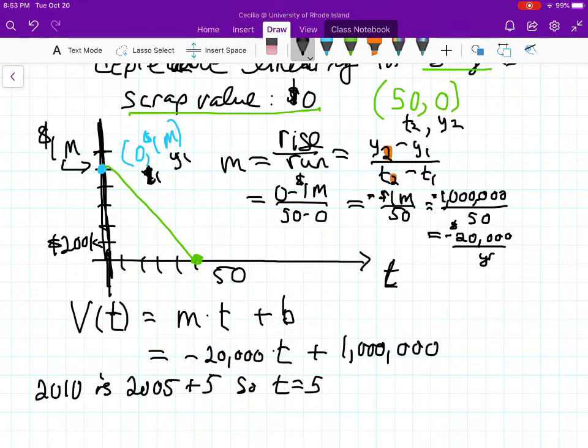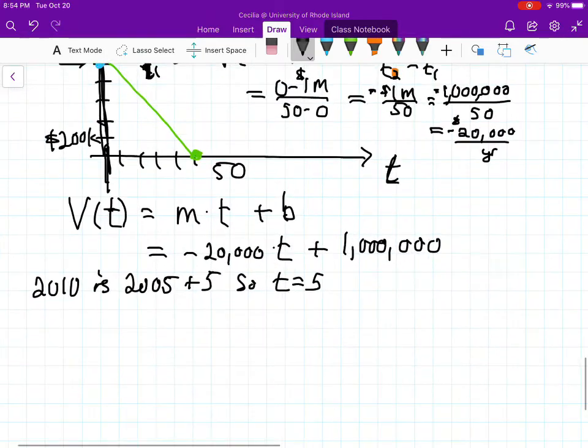So in order to get that value at 5 years, we're going to use the function evaluated with t equals 5. Okay, so that's just v of 5 is equal to minus 20,000 times 5 plus 1,000,000.